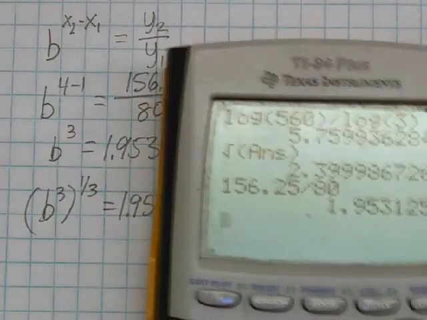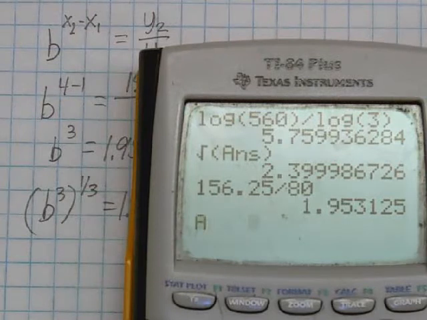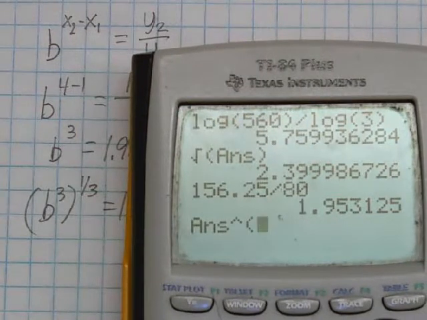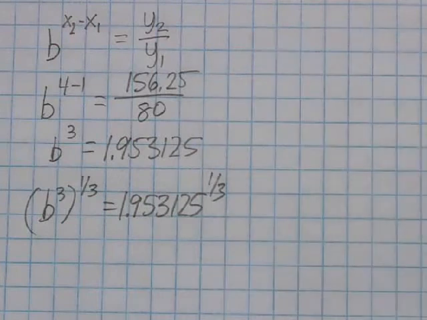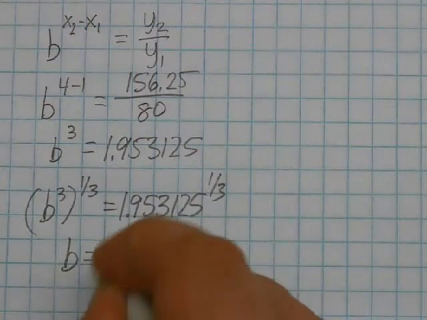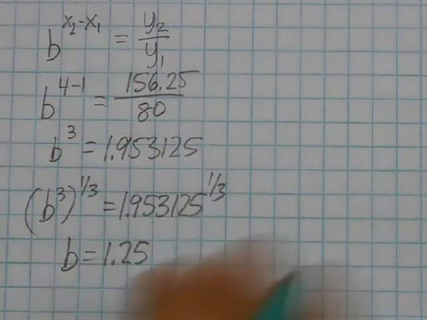When you do this, make sure that when you do the exponent, you put the fraction in parentheses, 1/3. And we see that we have an exact answer of 1.25. So b equals 1.25.